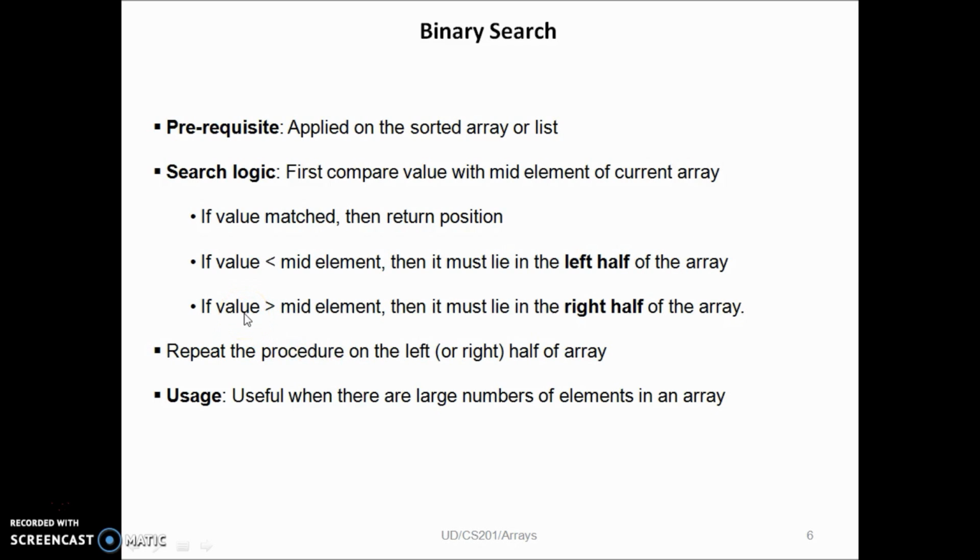And if the value is greater than the mid element, then the search value is expected in the right half of the array. So now we have squeezed our searching scope. So either on the left or the right half of the array, the search procedure is to be repeated. So binary search is typically used in case of a large size array.